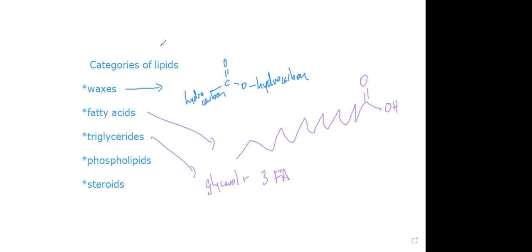Because with glycerol, we're getting the 3 carbon backbone, and then it's getting connected to some kind of fatty acid group here.